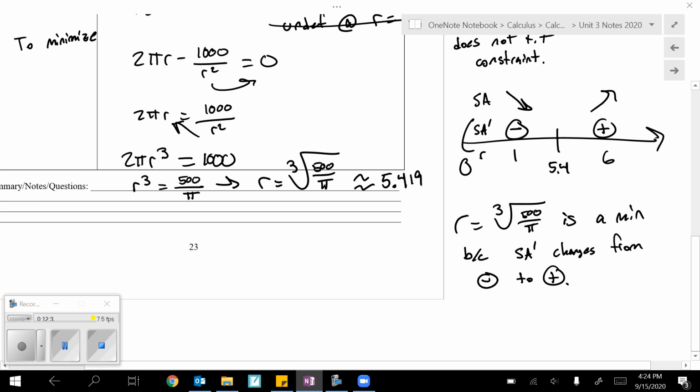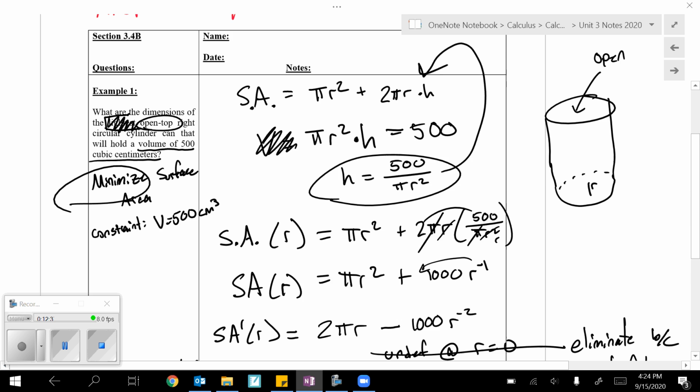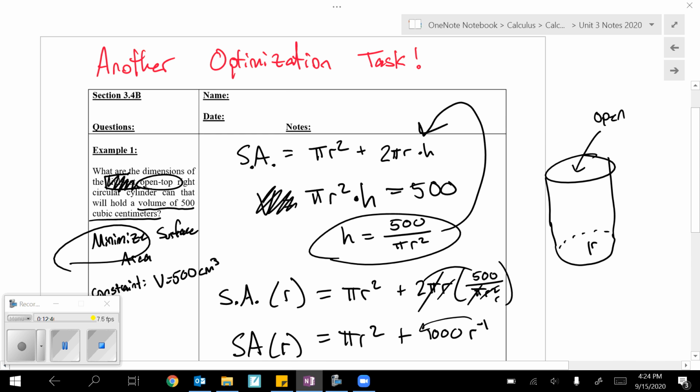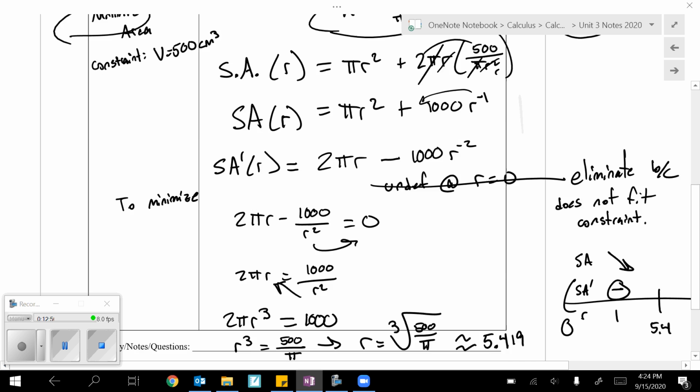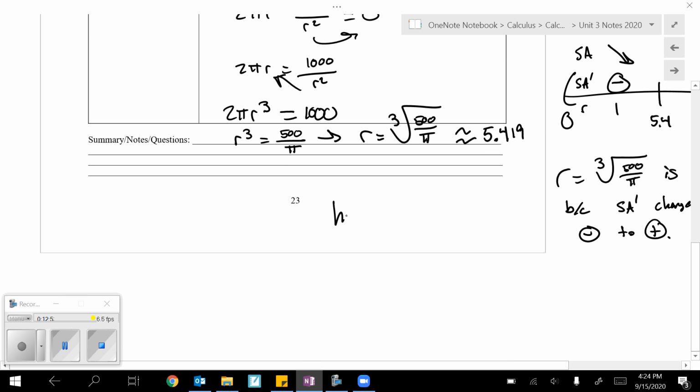No, we gotta actually come up with all the dimensions. It says, what are the dimensions? So we got the radius. What's the other thing we need? Just the height. So I think our constraint can help us out there. Our height was 500 over pi r squared.